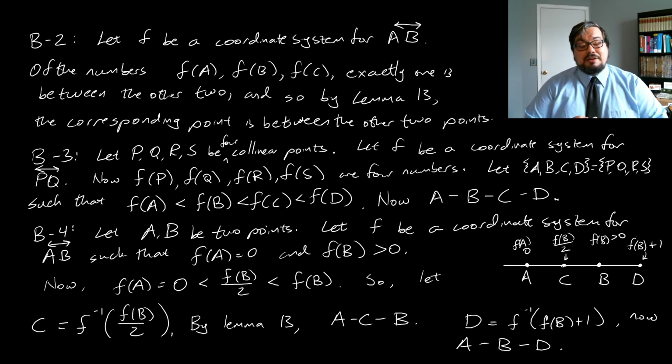And in synthetic geometry, these statements B1, B2, B3, B4 have to be taken as axioms. They have to assume that B1, B2, B3, and B4 hold and go from there. We are working with the real numbers and the Ruler Postulate, which gives us a lot more power to work with, but it does have the, I don't know if you want to call it the downside, but it is the case that we're relying on things we already know about the real numbers. So this isn't a pure geometry approach anymore in some sense.